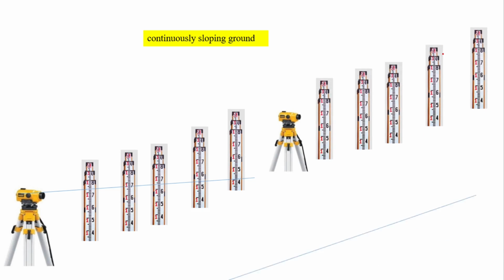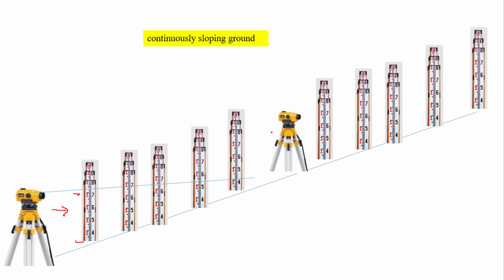So we have to find out the change point. Suppose it is a continuously sloping ground again, but we are conducting the survey in the upward direction. That time you can see the trend of readings. It will be highest in the first setup, then the readings will continuously decrease up to a certain point.